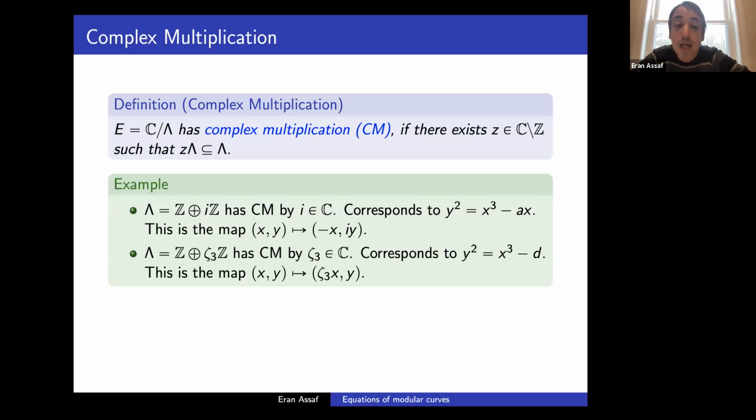And similarly, if we have the third root of unity, it has complex multiplication by the third root of unity. That's because zeta squared plus zeta plus 1 is 0. And this corresponds to a curve of the form y squared equals x cubed minus d. And in this case, the map is simply multiplying x by the third root of unity.